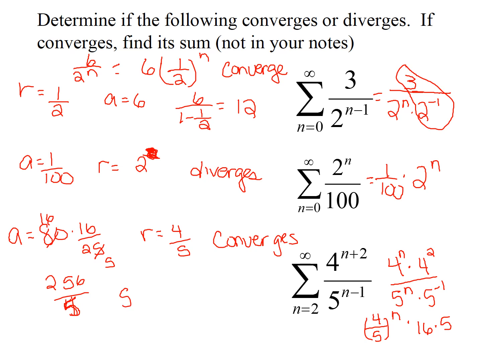So the sum would be 256 over 5 over 1 minus 4/5, which is actually not that bad because that gives me 256 over 5 divided by a fifth, and the 5s would cancel out, and I think that's 256. But if my math is wrong, then my process is right. My math may be wrong.